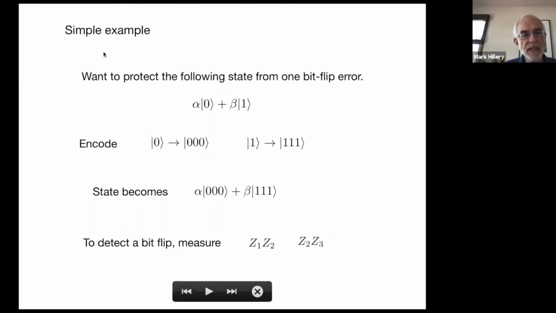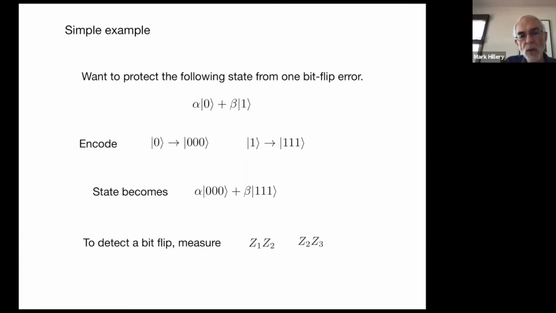Take a simple example. We've got the state alpha 0 plus beta 1, and we would like to protect that state from a bit flip error. In other words, if 0 goes to 1 and 1 goes to 0, we end up with the state alpha 1 plus beta 0, and we want to be able to correct that kind of error.